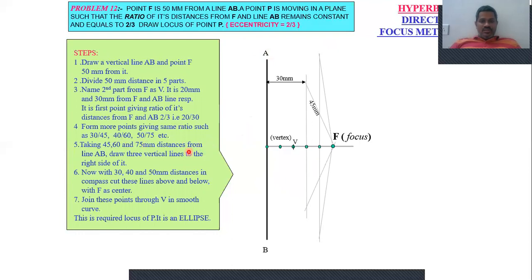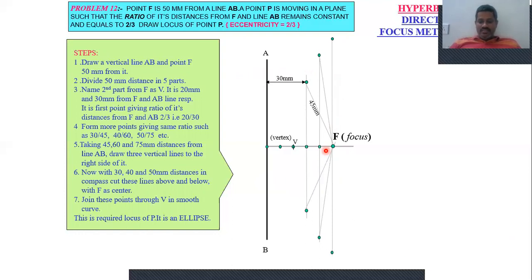Then draw one more line at 50 mm exactly from AB, and take a 75 mm radius in the compass with focal point F as center. Then intersect this vertical line at 50 mm from AB at 2 points. So locate the points like this.